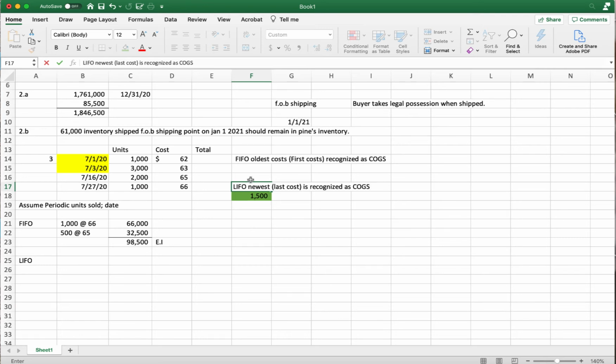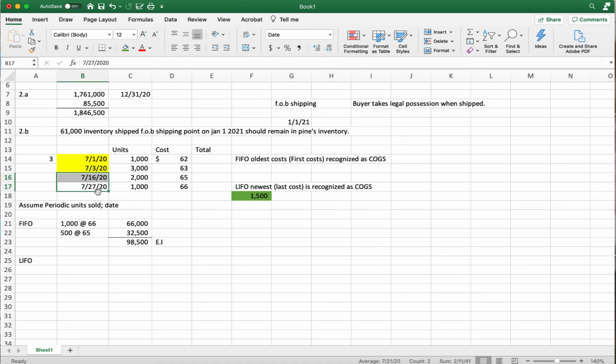Okay, so all these costs down here, starting from the bottom, or starting from the newest cost, which would be 727, end up being part of our cost of goods sold.